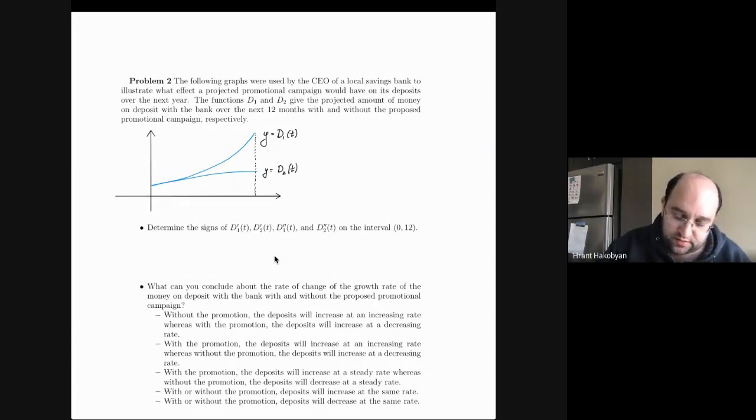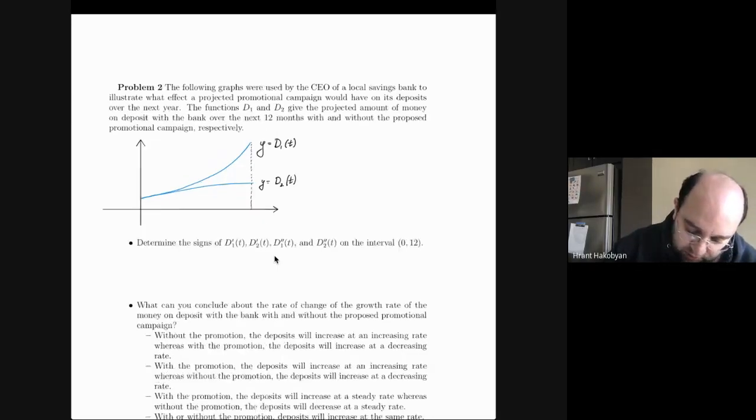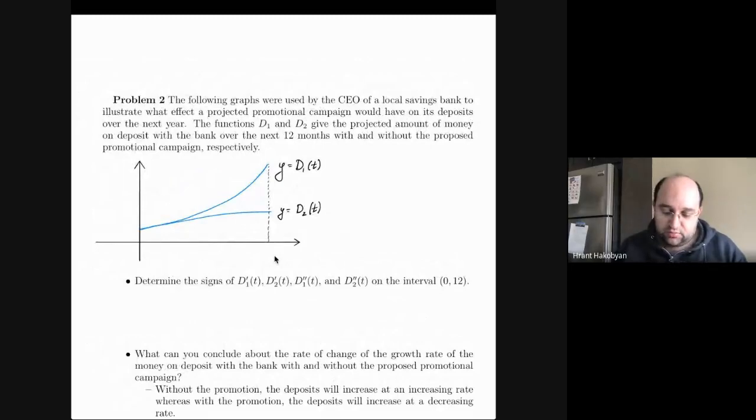Okay, so the functions d1 and d2 give the projected amount of money on deposit with the bank over the next 12 months with and without the proposed promotional campaign. So the top one is the one with the promotional campaign, and the bottom one is without the promotional campaign. So what does this say?